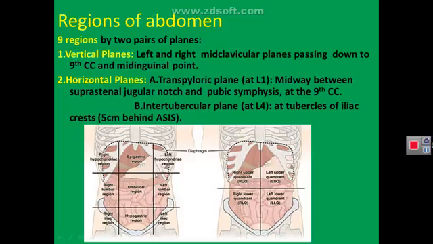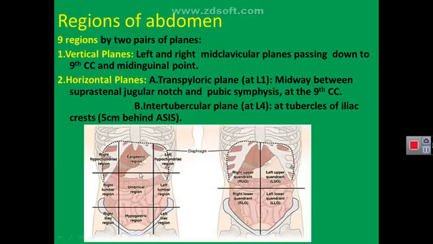The horizontal or transverse planes that divide the abdomen into 9 regions include the upper one, which is the transpyloric plane. This is a plane at the level of the first lumbar vertebra, passing between the right and left 9th costal cartilages.